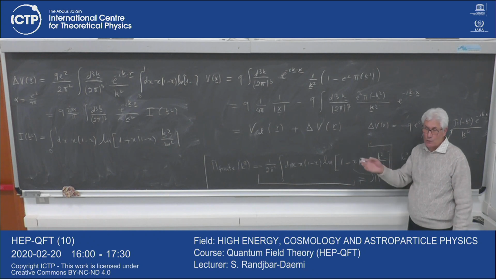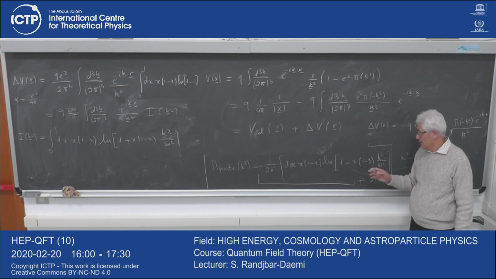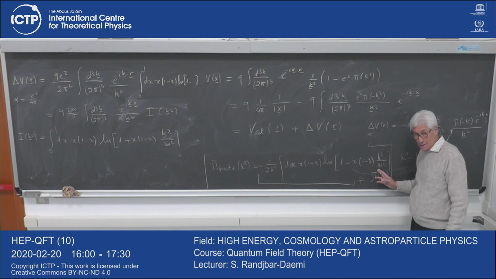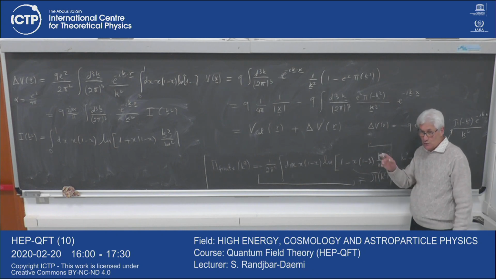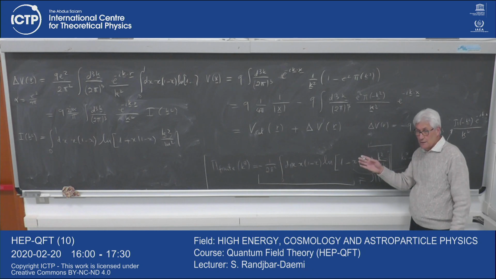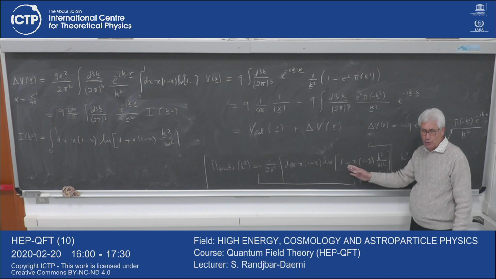x ranges between 0 and 1. The maximum value of x times (1 − x) is 1/4. So k squared is starting from 1/4 times m squared, that means k squared equals 4m squared, and it will develop an imaginary part. What is 4m squared?